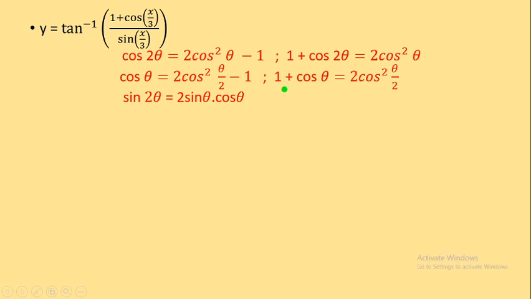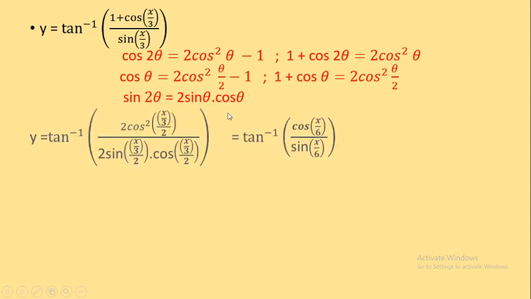And again the same thing: if there is no 2 here, you have to put theta by 2 and theta by 2. If there is a 2, you don't have to put it.